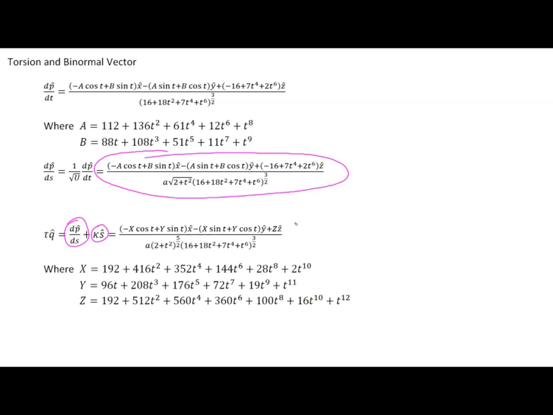But when all the dust settles, this is the final expression. And again, I've had to factor some things out here for the purpose of space. I've got x, y, and z this time, and those values are represented by these polynomials down here. So it is quite a complex expression and takes a lot of work, but this is the result you'll get if you follow through with all of those steps.